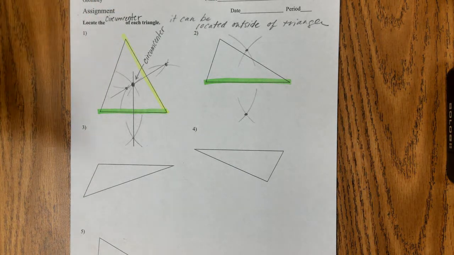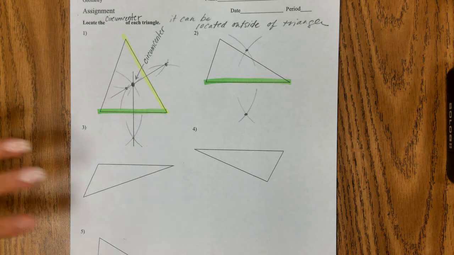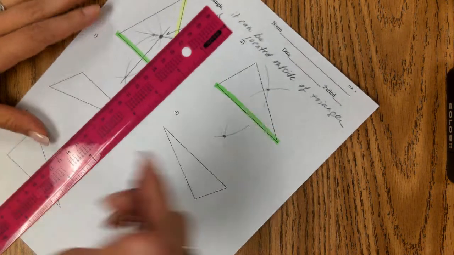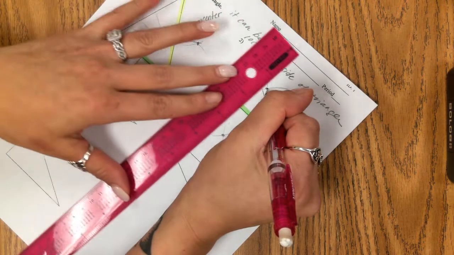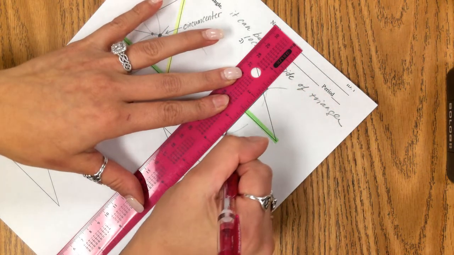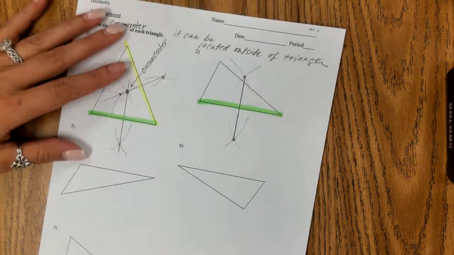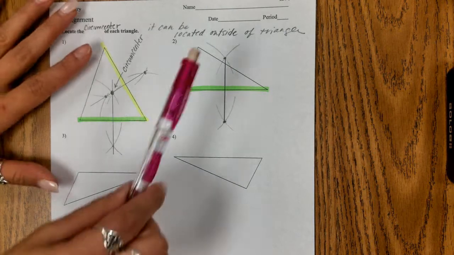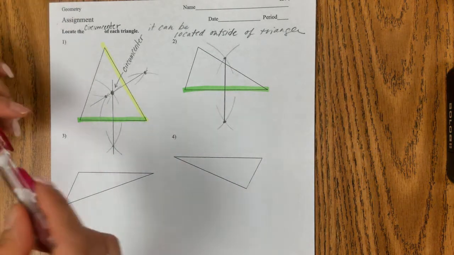Okay, now what's my next step? Anybody? Draw your line and connect. Okay, questions over this step, how I got that line?